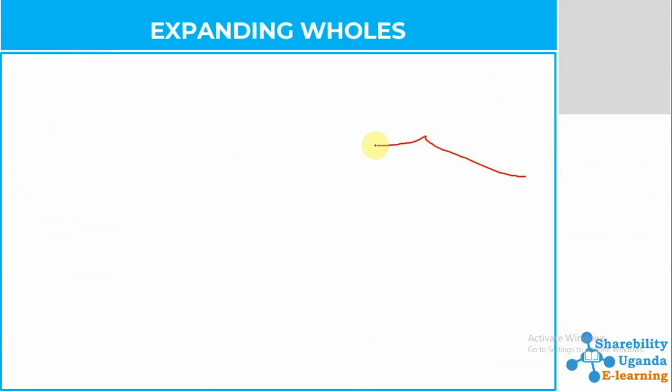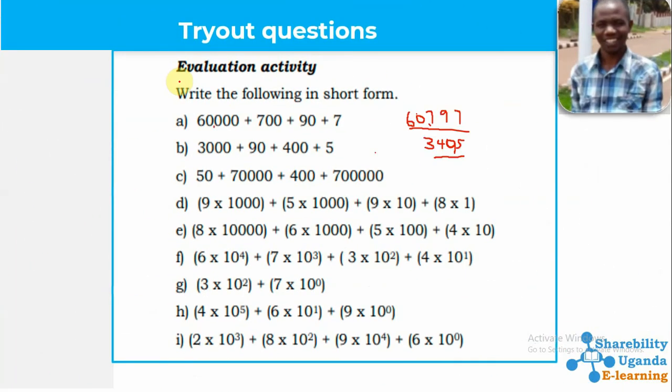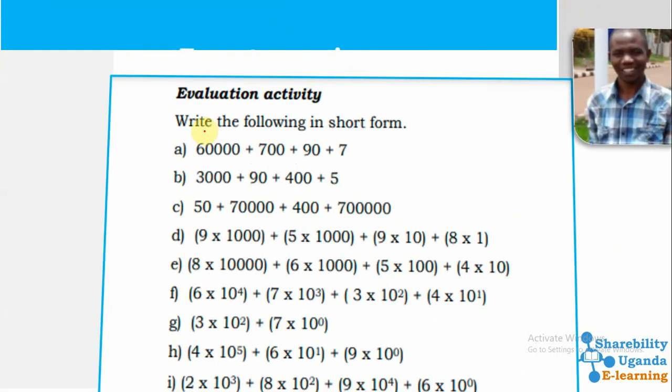Let's try them from here. We have 60,000. In our 60,000, you are going to add 700 plus 90 plus 7.